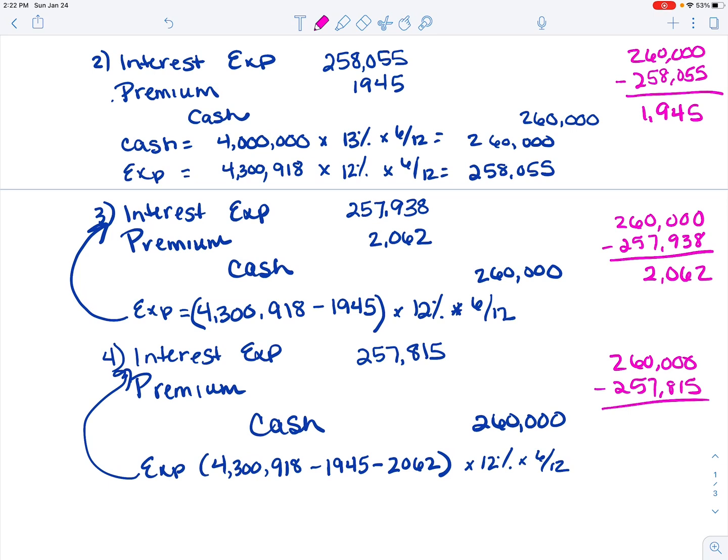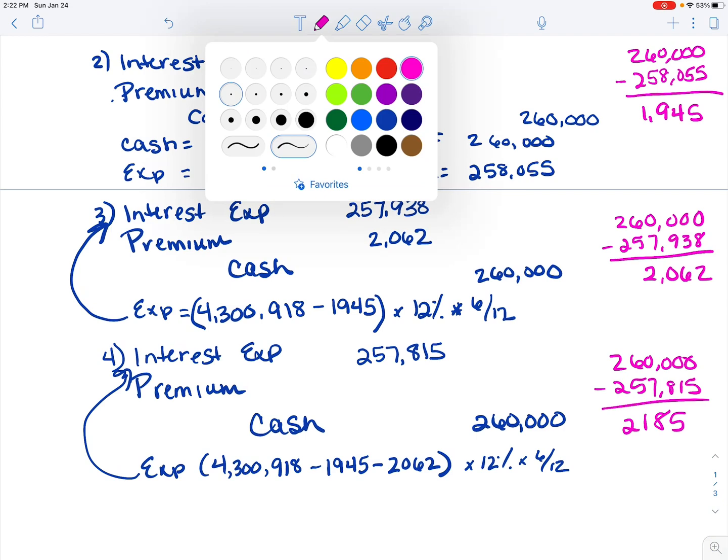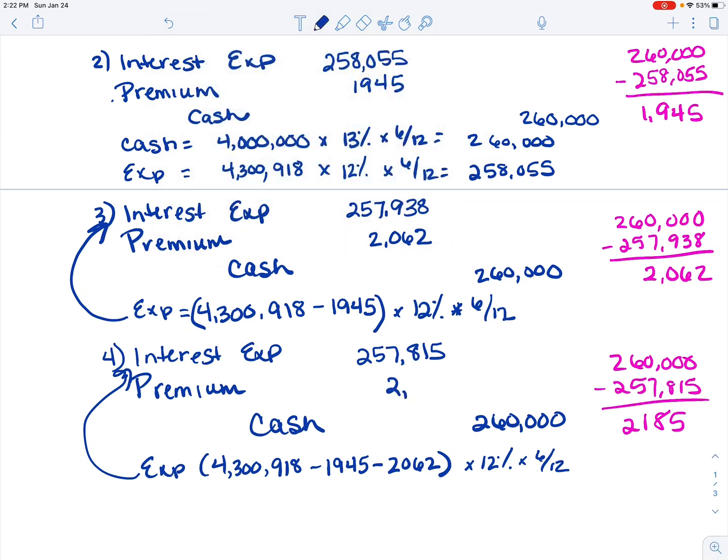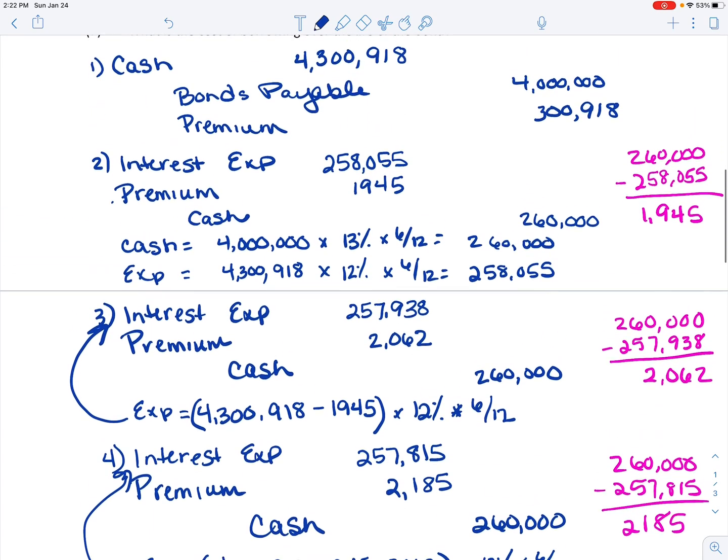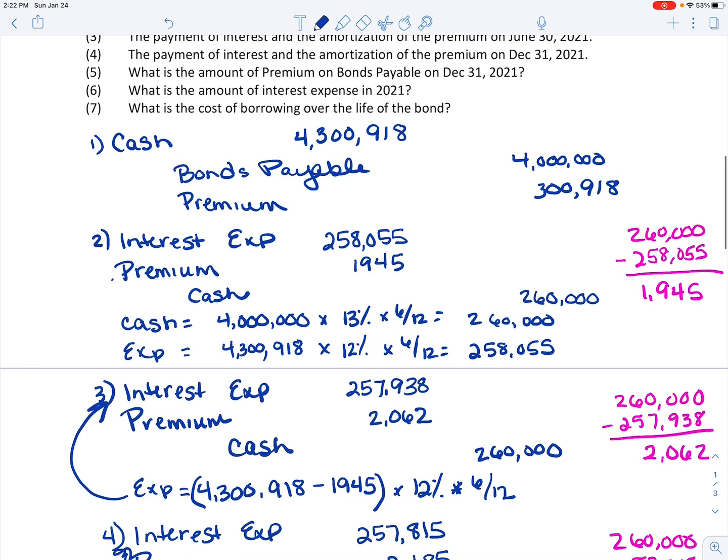And we should get 2185, to give us our amortization of our premium. So that walks you through, gives you a little bit of practice regarding calculating the interest expense and how much you're going to amortize, as well as finding that new carrying value.